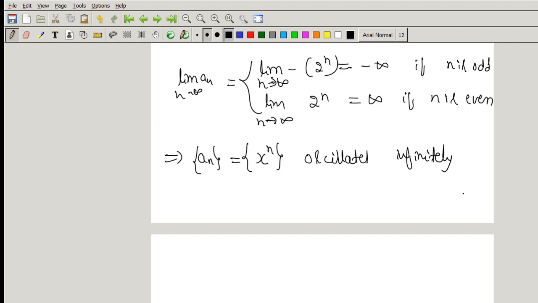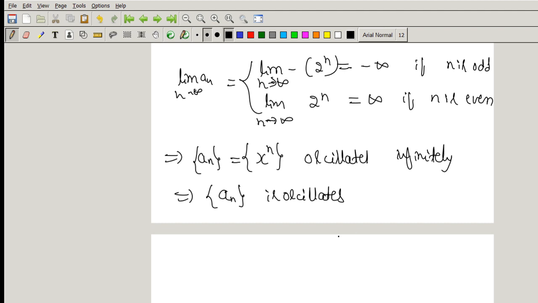We are not getting finite values in both subsequences. One is minus infinity and one is plus infinity. Therefore, it oscillates infinitely, which implies we can say a_n is oscillatory.